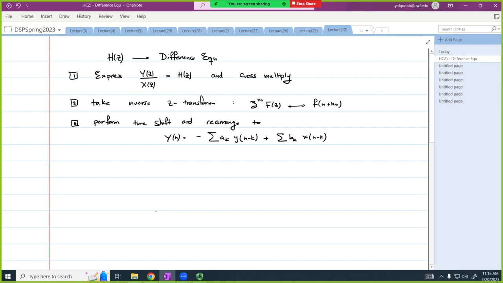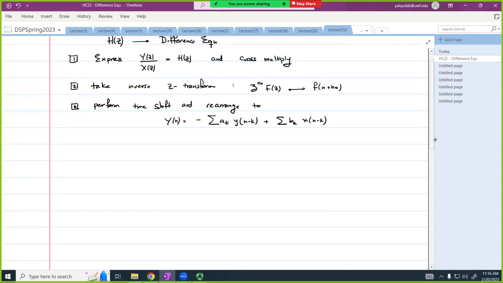Straightforward steps. Let's do an example to demonstrate all these. So let's say we are given a difference equation that says y of n minus 3 over 5 y of n minus 1 plus 2 over 25 y of n minus 2 equal to x of n minus 2x of n minus 1 minus x of n minus 2.